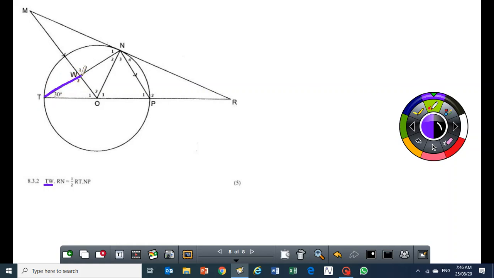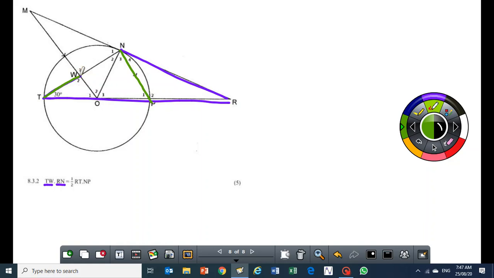Then you have got RN, which is this line. Then we have RT, which is this one here, and we have got NP. I'm going to use green for NP.